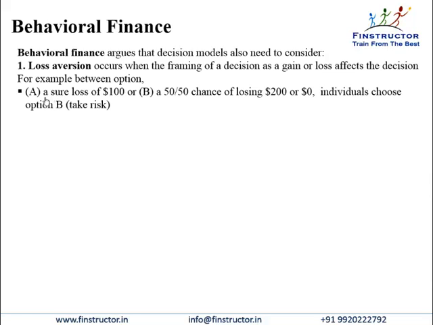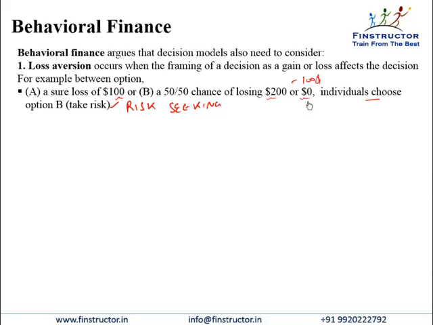So between a sure loss of $100 or a 50-50 chance of losing $200 or $0, we see that individuals normally choose option B. That is, in this case, they are risk seeking. So in both cases, the expected loss is $100. Option A is a sure loss of $100 and option B is 50% chance of losing $200 and 50% chance of losing nothing.